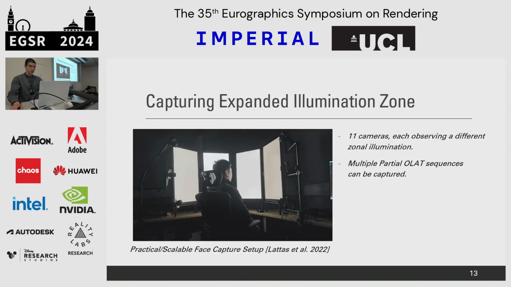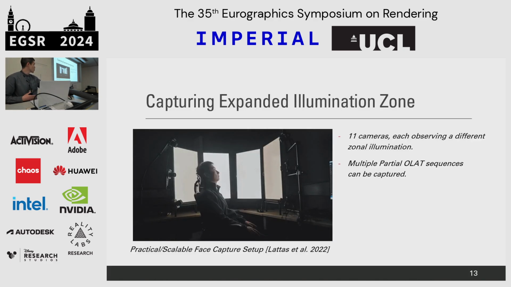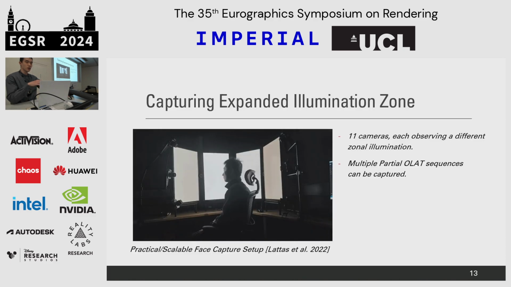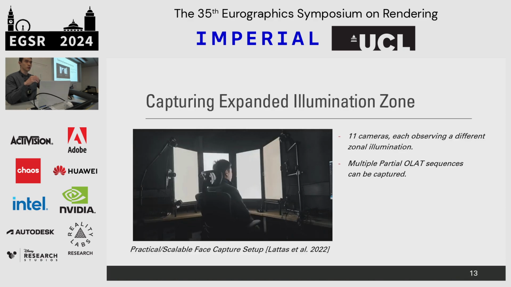So in order to do that, the first step that we look into is the data capture process. What we want is a data set with expanded zone of illumination. What we observe is that a single camera can only observe a limited zone of illumination. By placing multiple cameras around this kind of setup and having the subject face each camera during capture, we effectively have different cameras that observe a different zone of illumination.